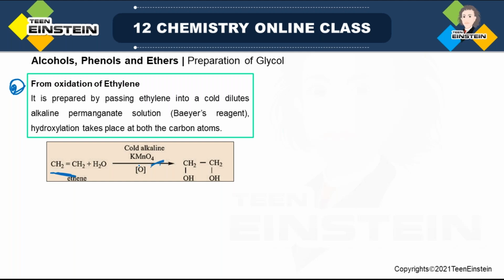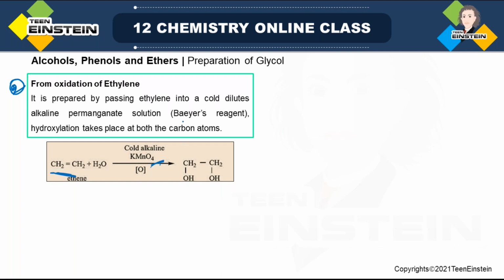Because KMnO4 aqueous solution has a specific, very intense purple color, but when it reacts with any molecule having unsaturation, the purple color of KMnO4 is discharged, and that is the indication that unsaturation is present. So the same reaction you can also apply for ethene, so that you can prepare this glycol molecule.